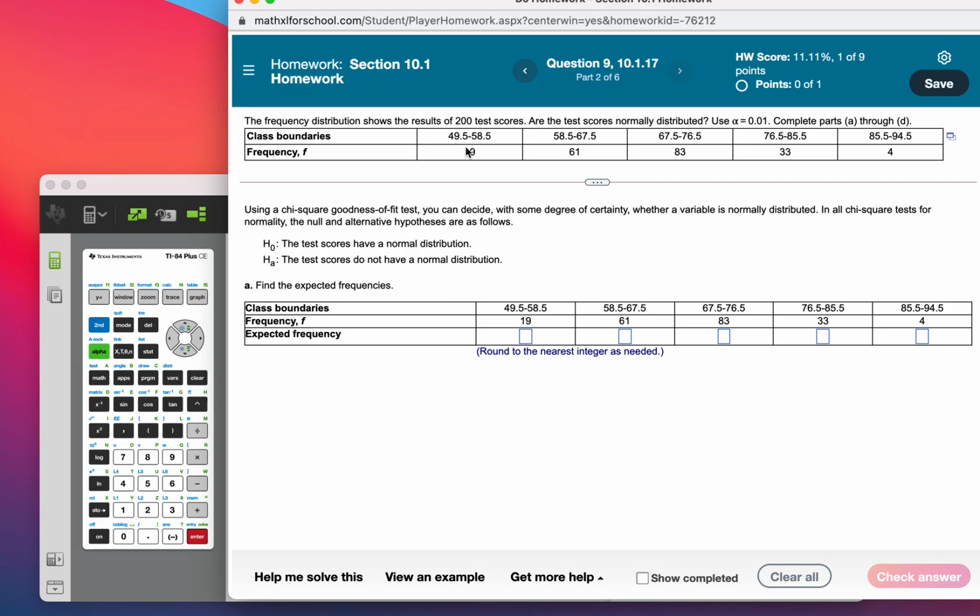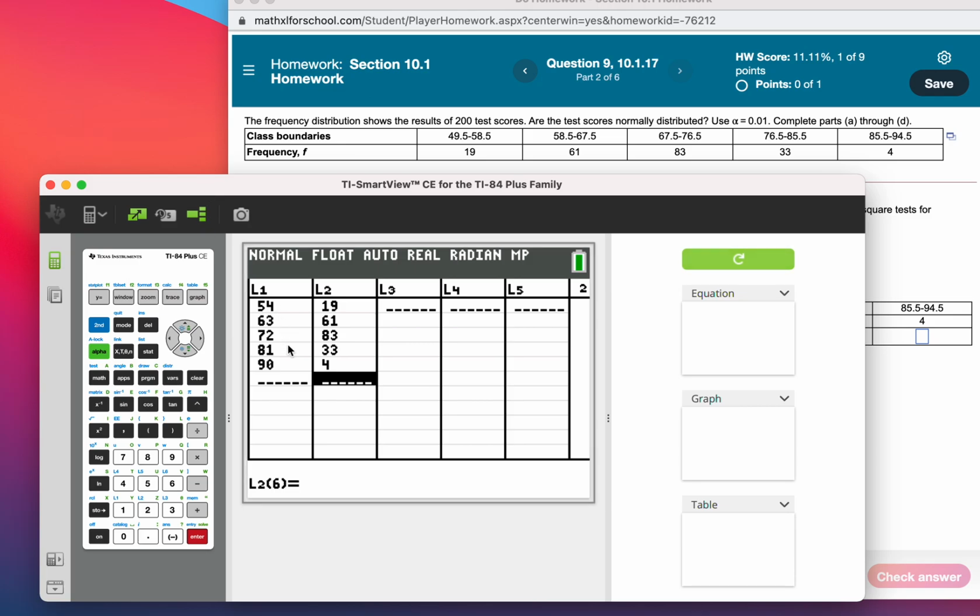Because if we have the mean and standard deviation, then we can figure out how many should actually be between these two numbers, and that's what's going to go here. How much should be between these two numbers, and that would go here. This might seem familiar because we've already done this a number of times in previous sections. Anyways, I have the data in here.